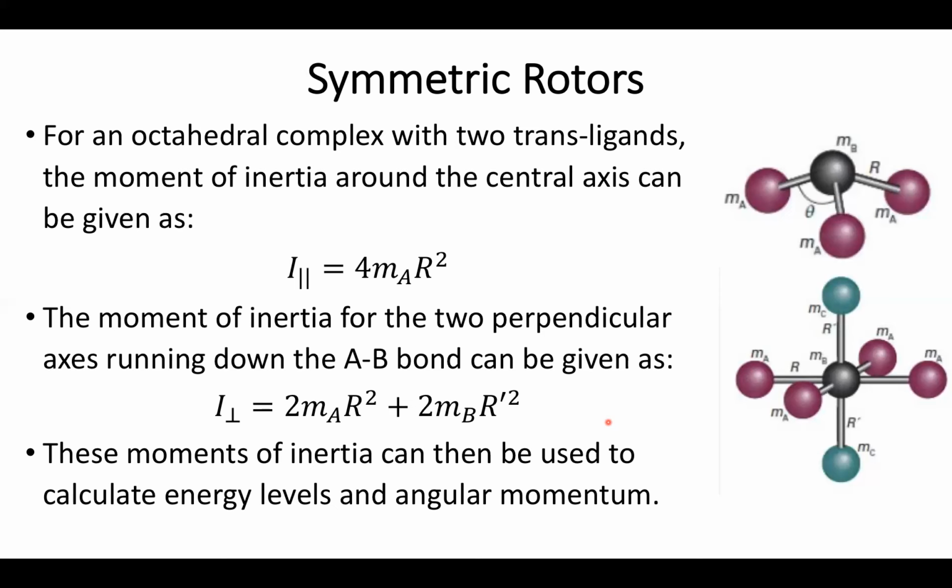So next time, we're going to start by digging in on the simple cases of linear and spherical rotational spectra. And then we'll go into symmetric rotor spectra. And it is worth noting that there are also going to be asymmetric rotors and a lot more types of symmetric rotors than the ones I presented here. But this gives you a taste of what we're looking for.